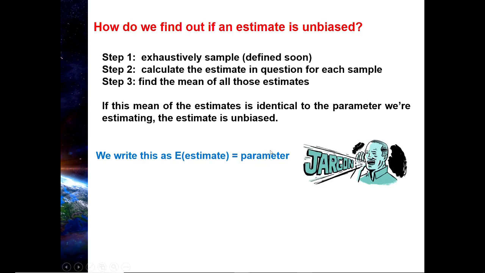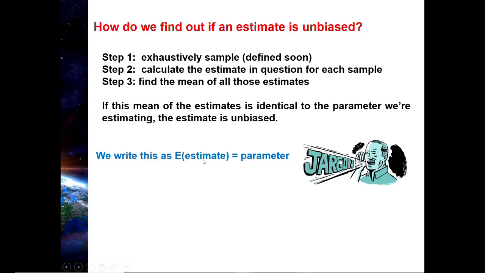What parameter is it estimating? It's estimating mu, so you would put mu here, and then don't forget to put the E in front. Okay, so that would mean that the expected value of x bar equals mu. That's how we would write it. And we would say if this is true, then that makes x bar unbiased.